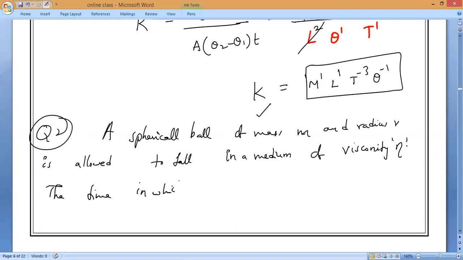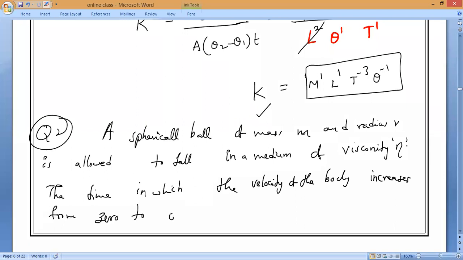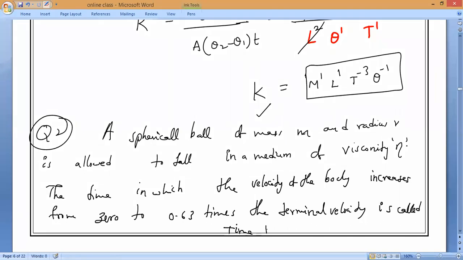The time in which the velocity of the body increases from 0 to 0.63 times the terminal velocity is called the time constant, tau actually will represent.